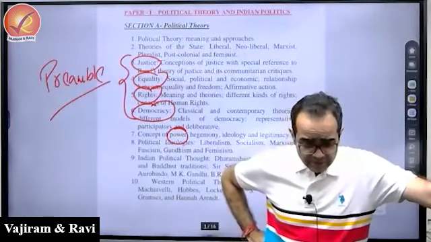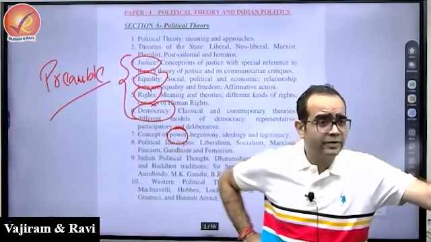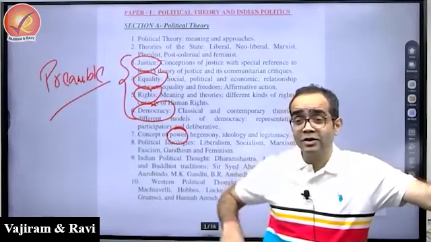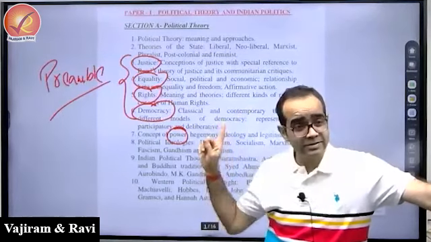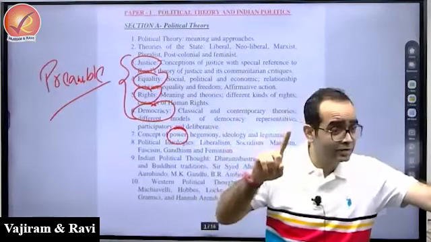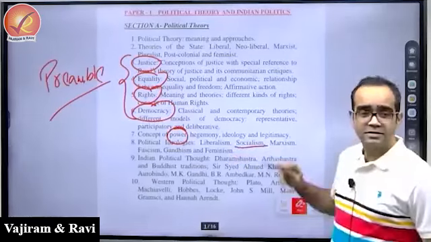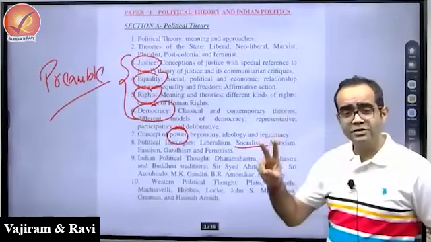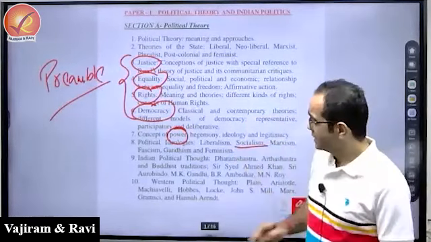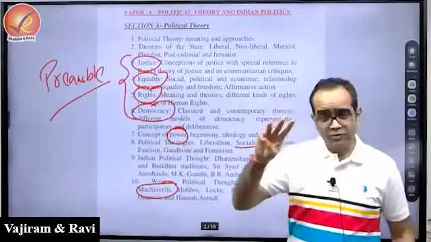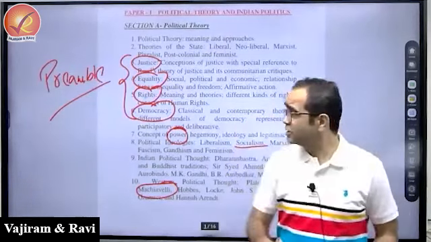The Indian preamble says, we, the people of India, having solemnly resolved to constitute India into a sovereign, I would just discuss the meaning of sovereign. Socialist. Sovereign, socialist, secular. That started with Machiavelli. Sovereign, socialist, secular, democratic.